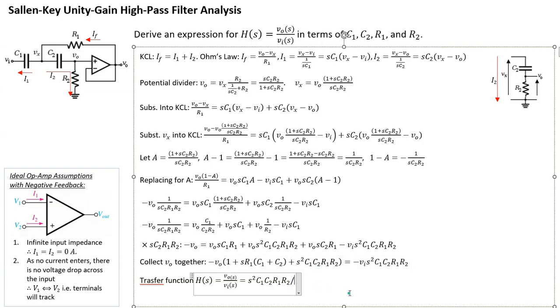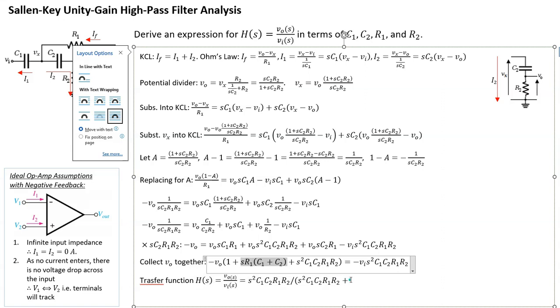So let's put it in brackets, and then plus the S term, and then plus 1. Oh, what did I do there? Hang on. And then close this.